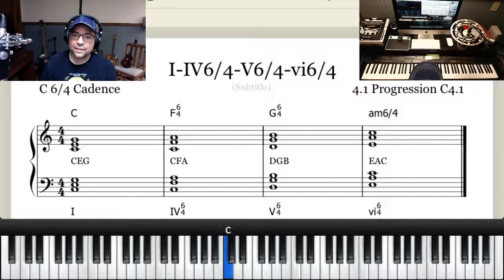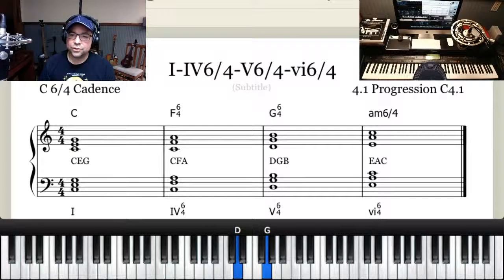So we have a C, E, G. For the F chord, we have a C, the same common tone, F, A. For our G chord in second inversion, or 6/4, we have a D, G, B. And for our deceptive cadence, we have an E, A, C.